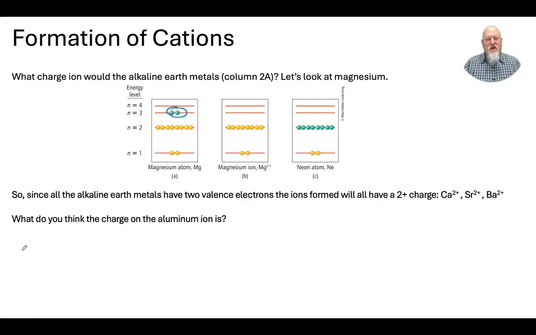So when magnesium becomes an ion, both those electrons leave, and I get a 2 plus charge, because the magnesium atom has 12 protons, and I just lost 2 electrons, so the magnesium ion has 10 electrons, and 12 minus 10 is 2. We put a charge on it after the number: 2 plus. And you can see that's what we write in the upper right hand corner of magnesium.